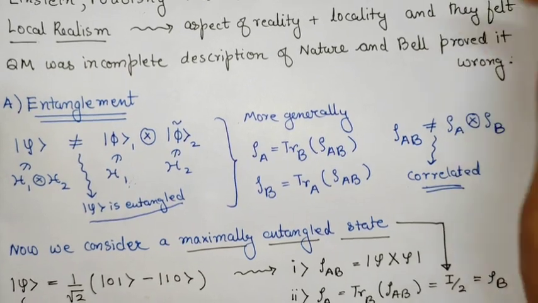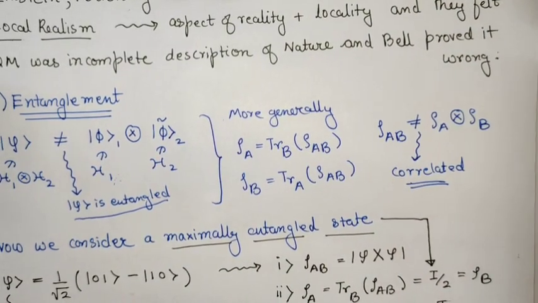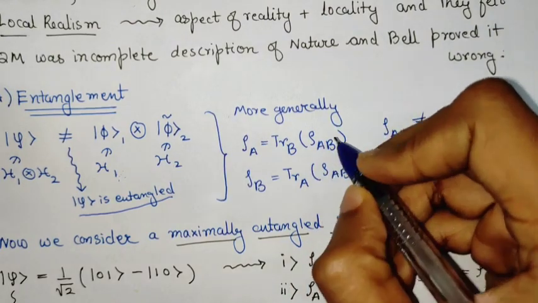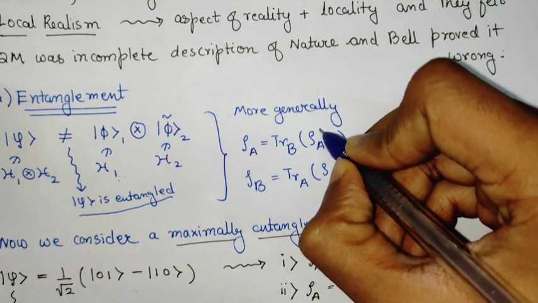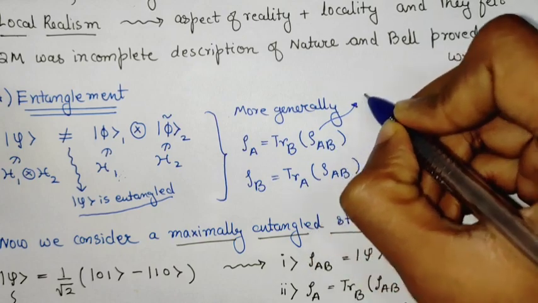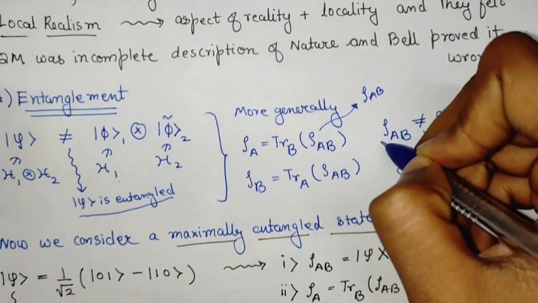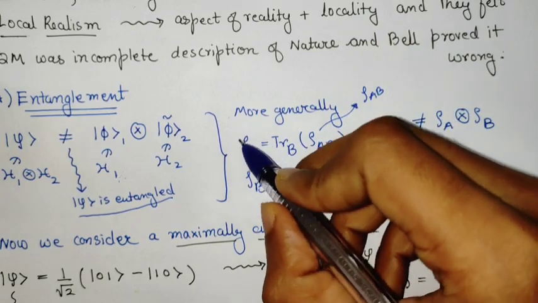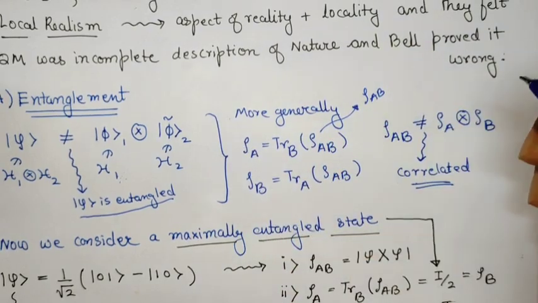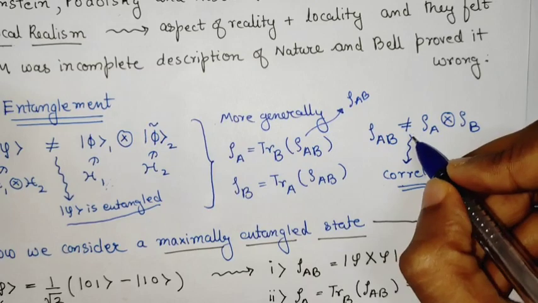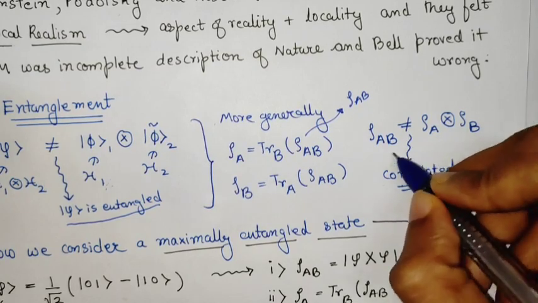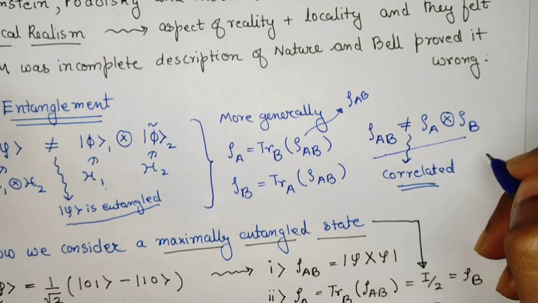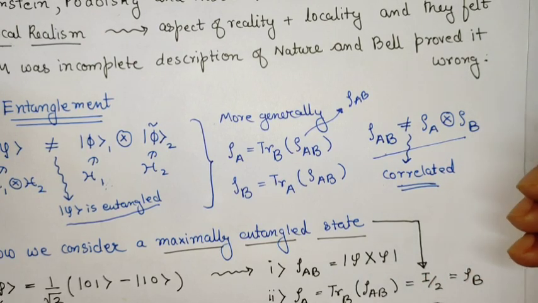In terms of the density matrix, we speak of what is called correlations. Given a density matrix of an entire system, this representation rho AB, we can use the reduced trace operation to get the density matrix of the subsystems. And if they are not equal to each other, if this particular inequality holds, then they are said to be correlated.